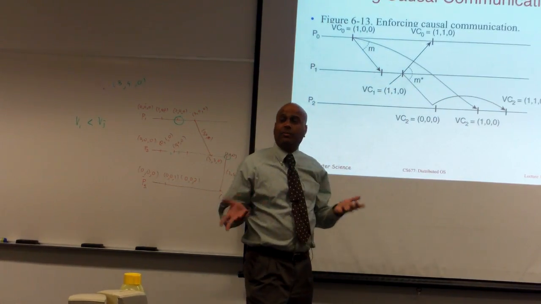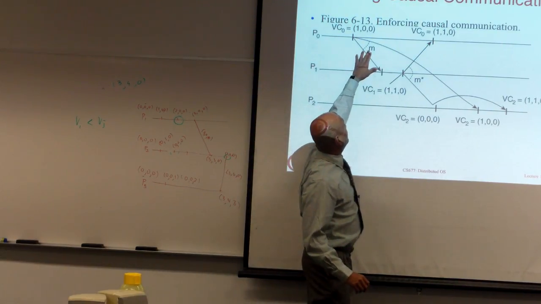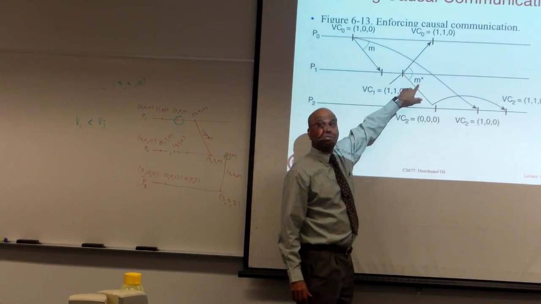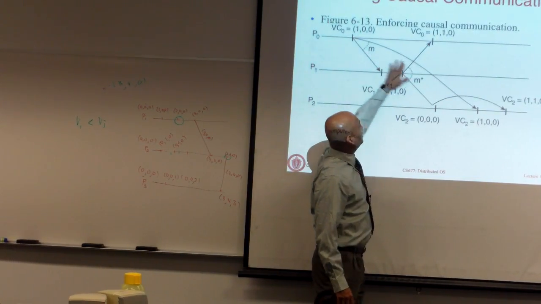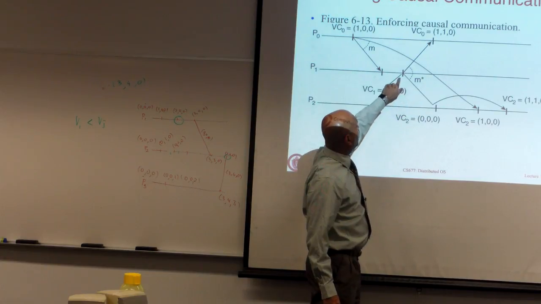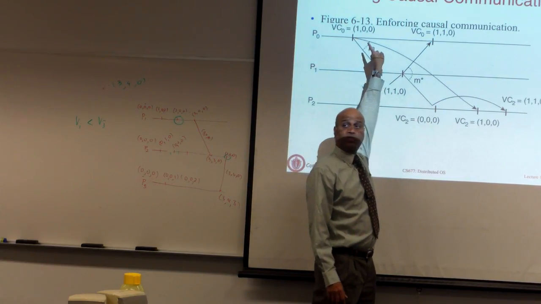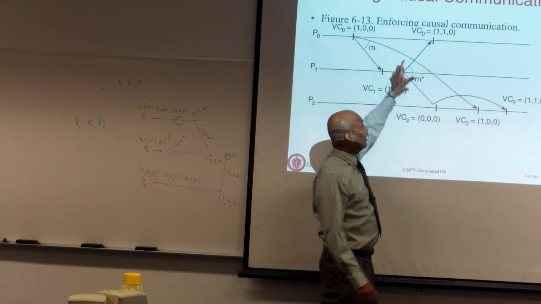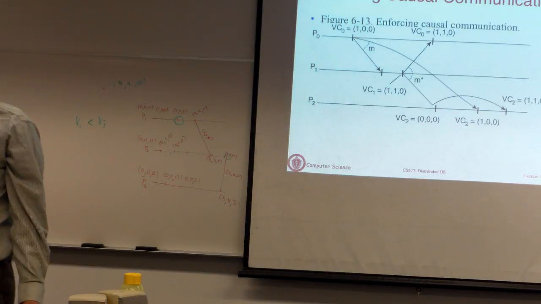Now, because of arbitrary network delay, even though M has already been sent before M star, based on this ordering you will see that P1's message actually arrives here before the first message arrives. But looking at the timestamp, you can see that the first message is somewhere in transit, you haven't received it.